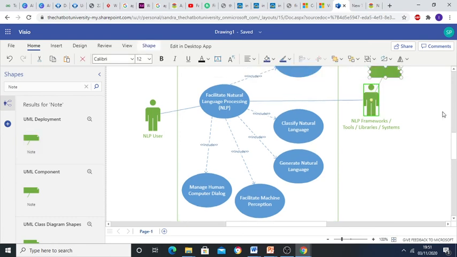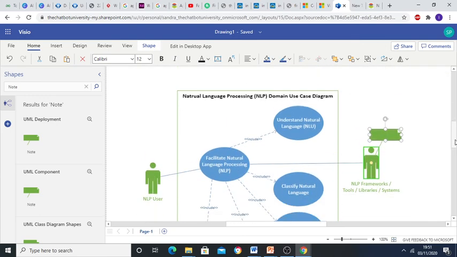So I'm just going to annotate the diagram so that anybody reading it can have a look and see that what I mean here are the algorithms.